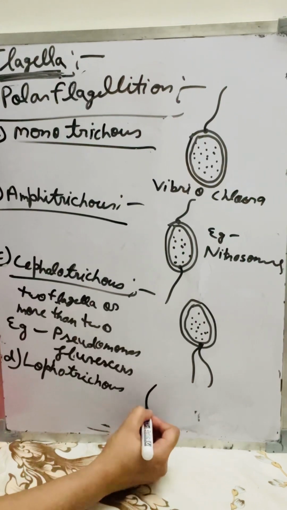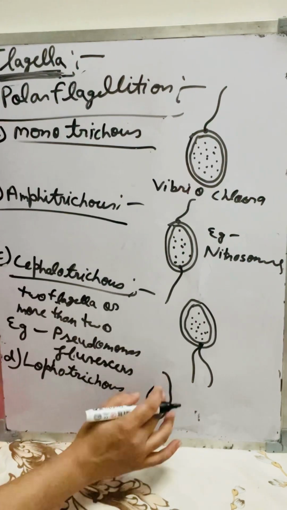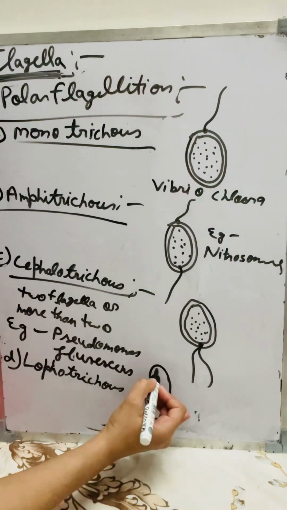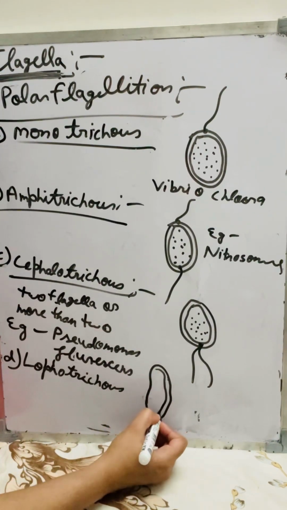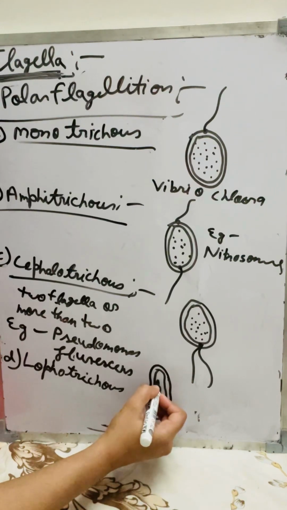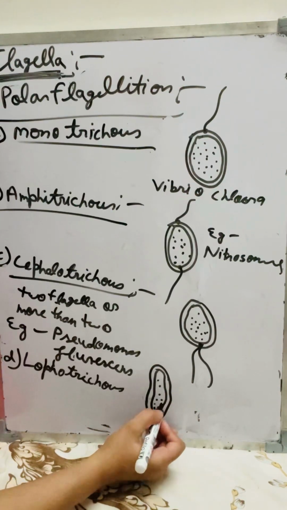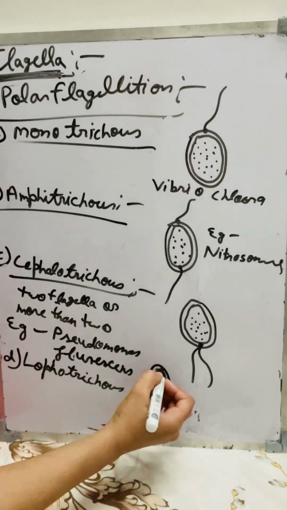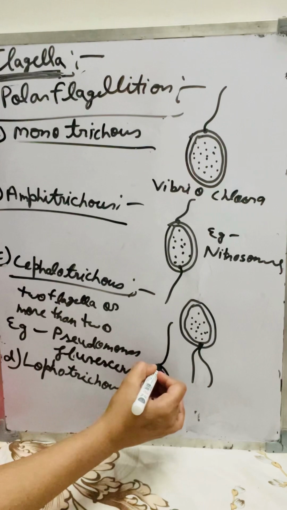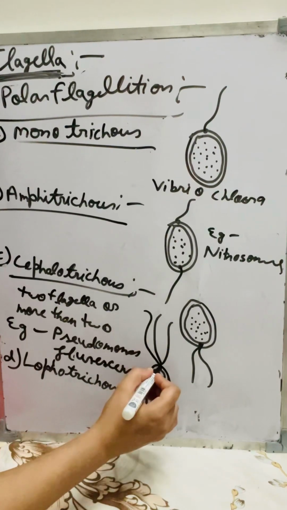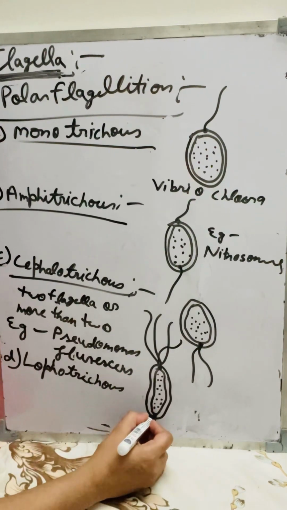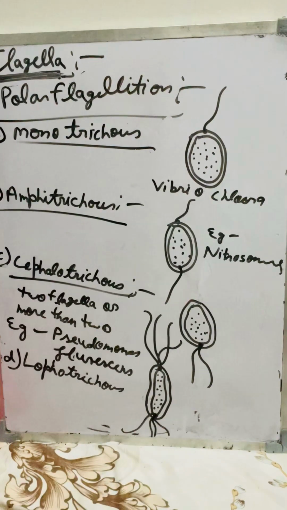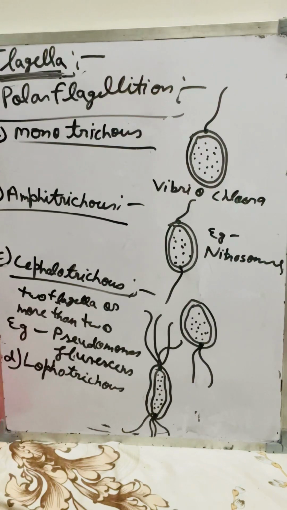For example, that is the bacterial cell, and this is the flagellation arrangement. Did you see how many flagella are there?